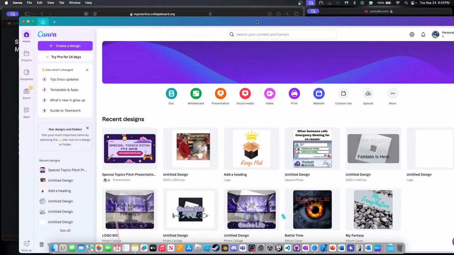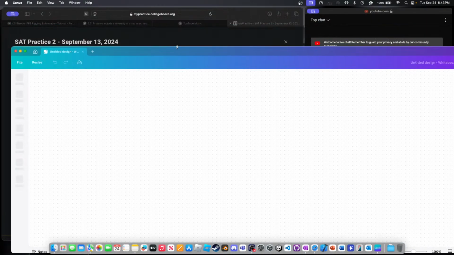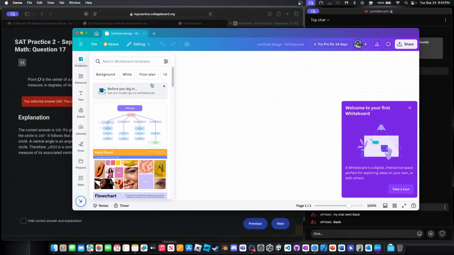Skip. Okay. What the heck? Why did Canva just... What? Okay. Alright, we're back. Cool. Let's do a whiteboard. Whiteboard, perfect. It's actually just what I need. Okay.